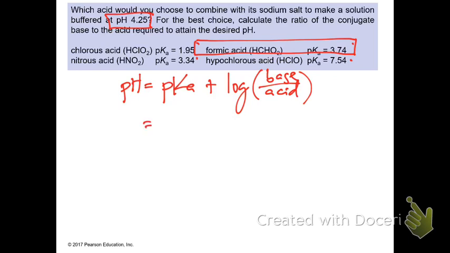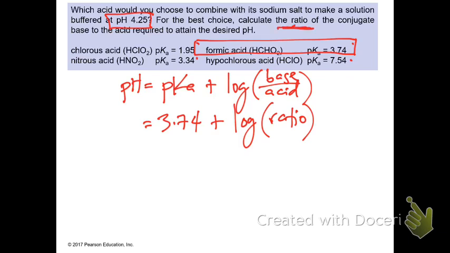So pKa is 3.74 plus the log of, I'm just going to simplify this and write ratio because that's what we're trying to find. And the desired pH is 4.25.